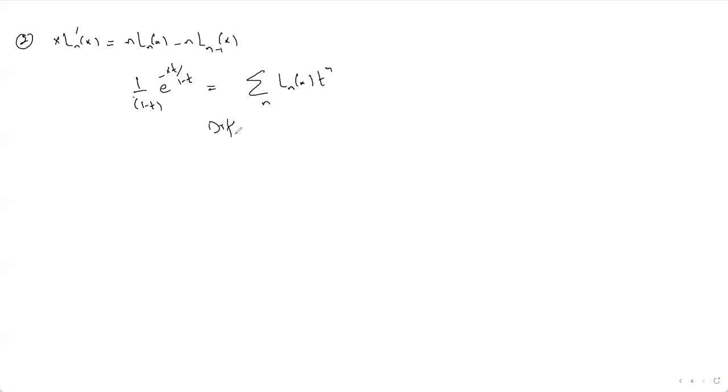Now here just take the differentiation with respect to x. When you take the differentiation with respect to x, 1 divided by 1 minus t will serve as a constant. It is simpler than the previous case. It will be e raised to power minus xt divided by 1 minus t, then into minus t divided by 1 minus t, because differentiation of x will be equal to 1. So it will be equal to summation over n l n prime of x t raised to power n.